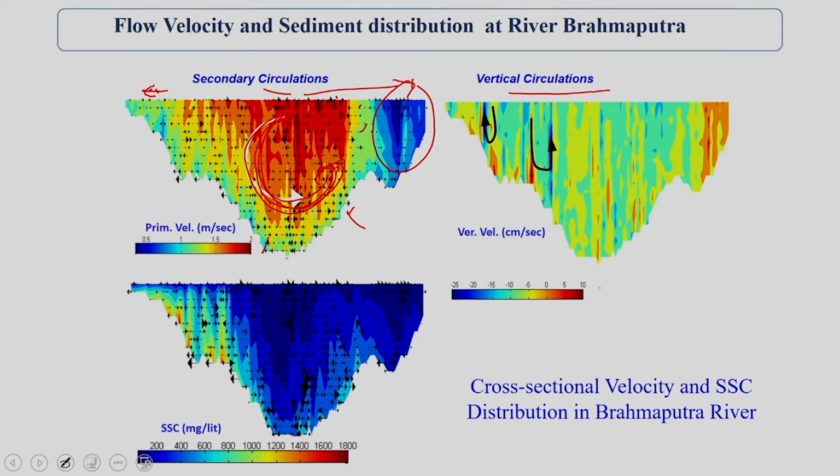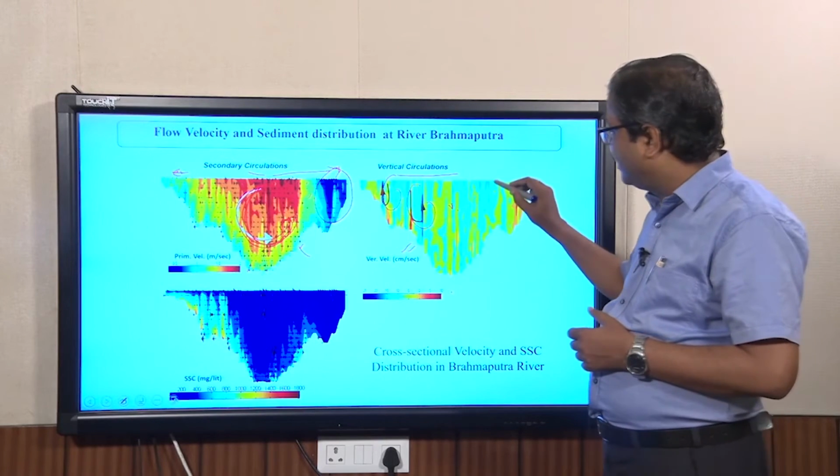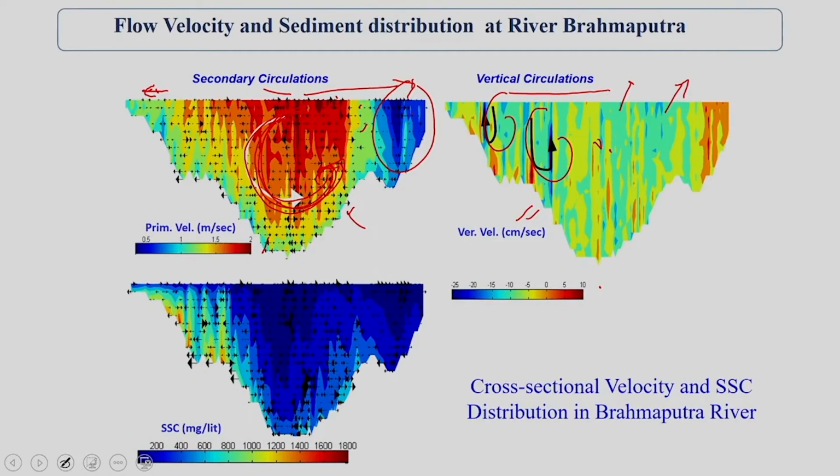If you look at these values, it is centimeters per second, not meters per second. The velocities are less in the vertical direction. But interestingly, there are vortex formations because of the velocity gradients.